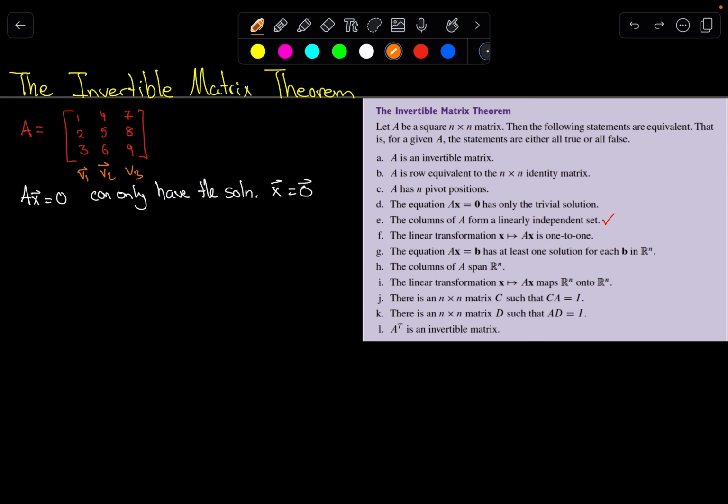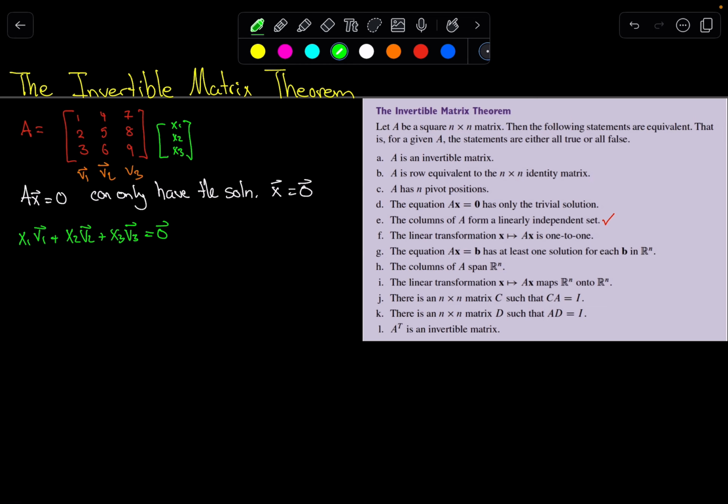Then solving the equation AX equals 0, remember that x has our x1, x2, x3, really just boils down to trying to solve the equation x1 v1 plus x2 v2 plus x3 v3 is equal to the 0 vector.